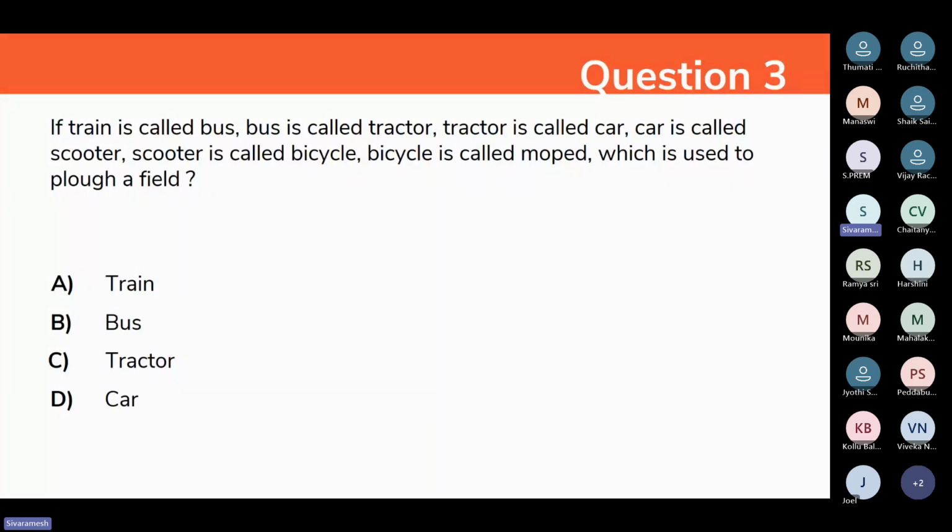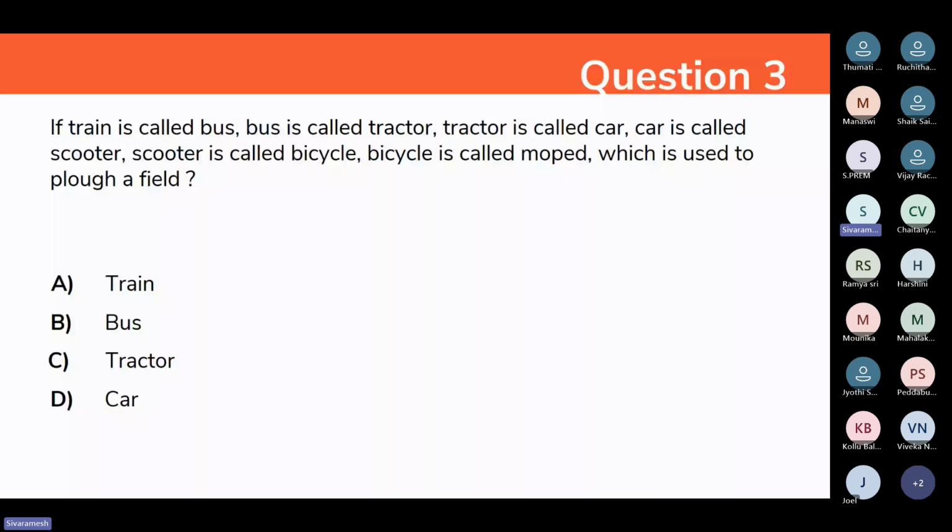What answer is correct? Yes, I'm getting answers as car.